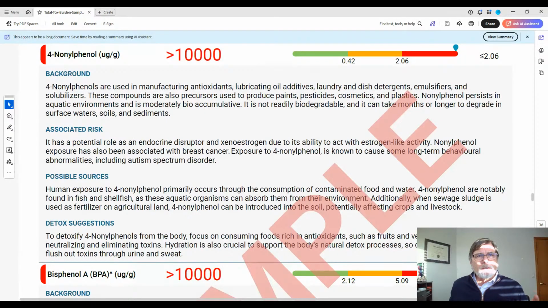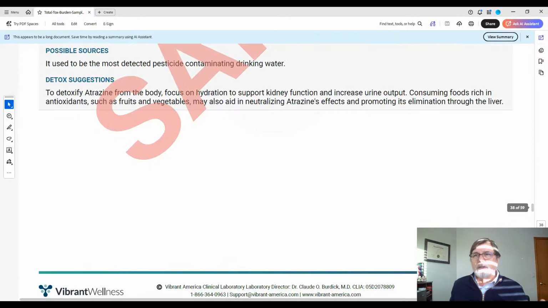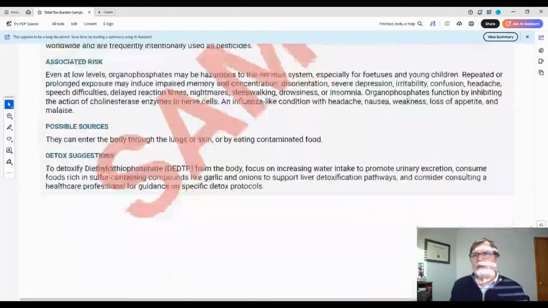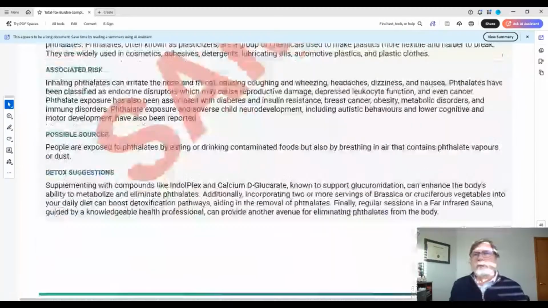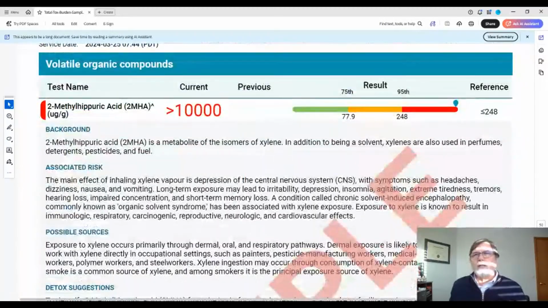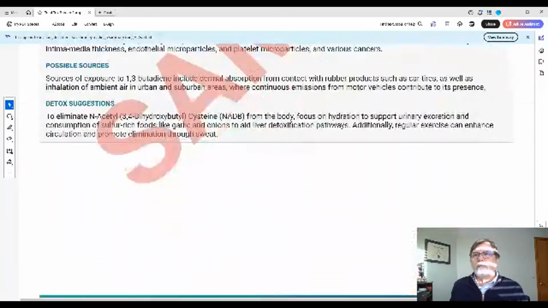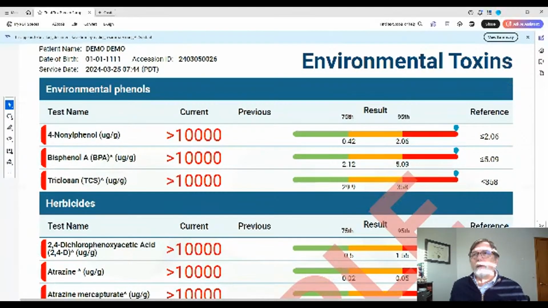So anyway, this is where you get, on all of these, whether it's the mycotoxins, the metals, or the environmental toxins, a deep understanding of what's going on. There's a bunch of these, but I'm going to skip through all of them and show you the whole list, because normally what would happen on one of these tests is there would be three or four things in the summary, and then we would have the environmental toxins list.